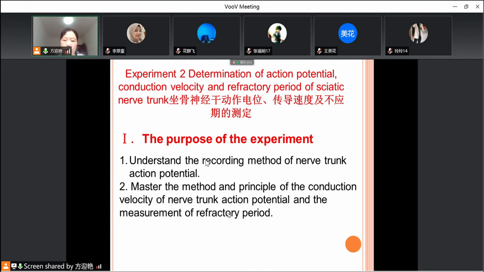Before we start the experiment, we should review the knowledge from chapter 2, cell functions, mainly the action potential and the resting potential.